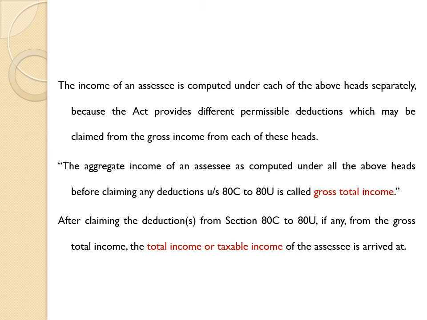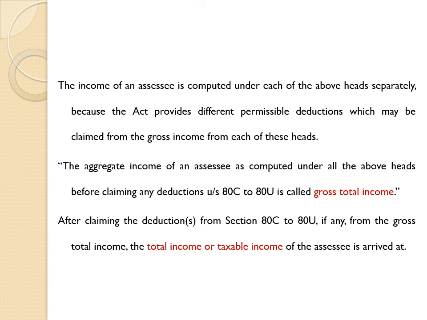The aggregate income of an assessee as computed under all above heads before claiming any deduction under section 80C to 80U is called gross total income.